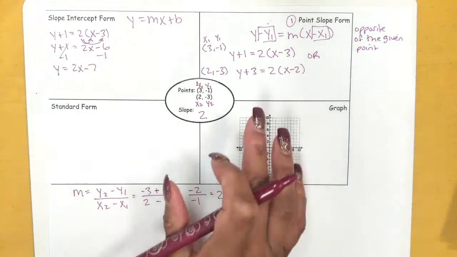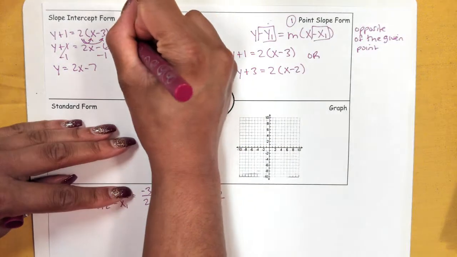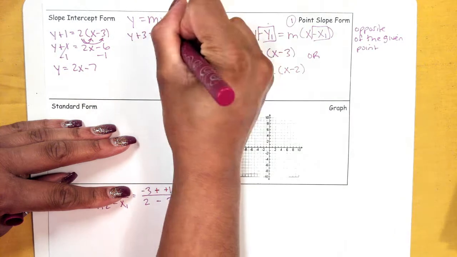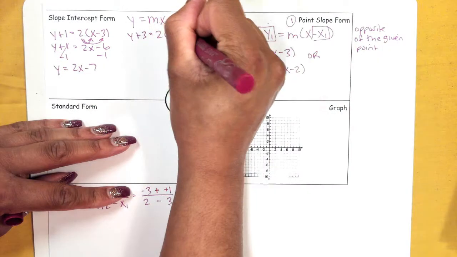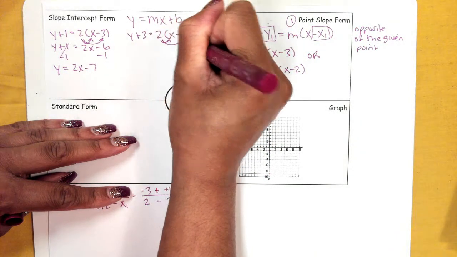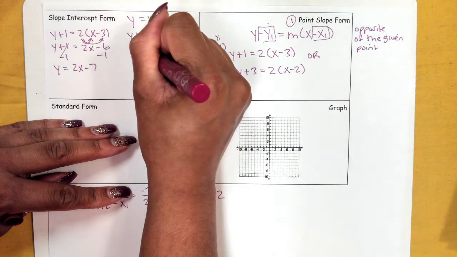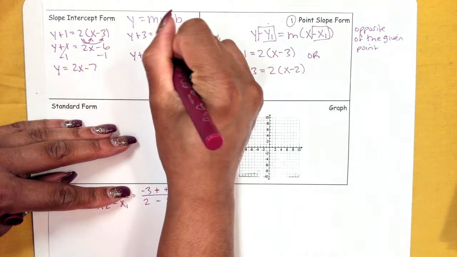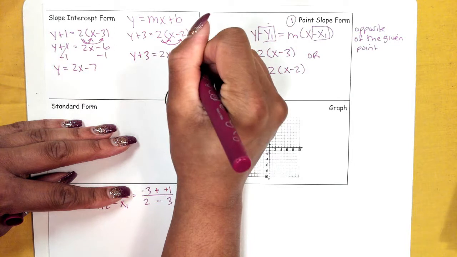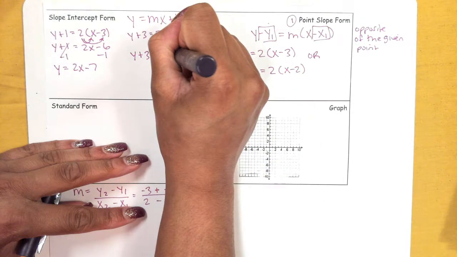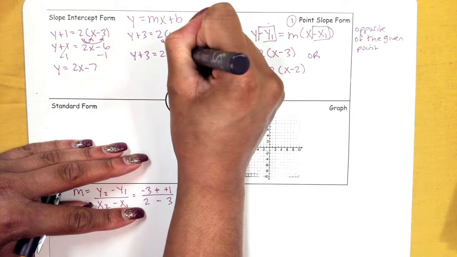Okay, so let's see if it works for the other. So I have y plus 3 equals 2 times (x minus 2). I'm still going to distribute my 2. So I end up with y plus 3 equals 2 times x is 2x, and 2 times negative 2 is a negative 4.